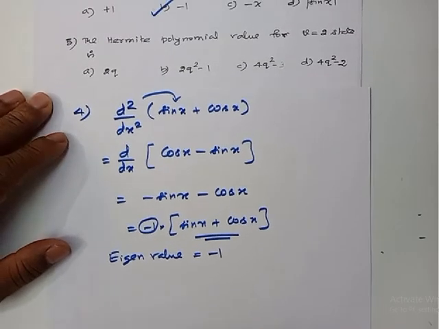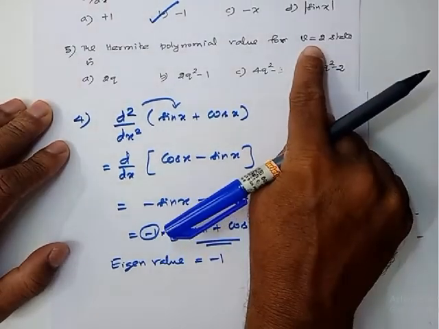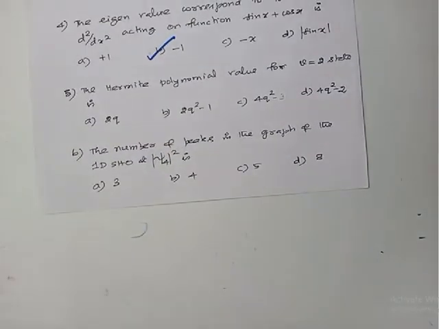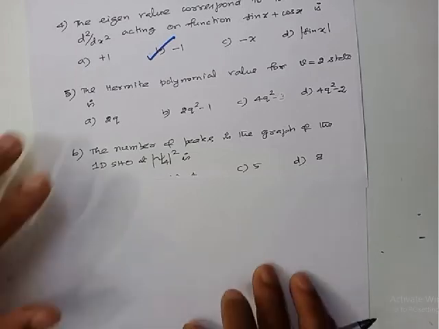The Hermite polynomial value for v equal to 2 state. What is the Hermite polynomial value for the v equal to 2 state?